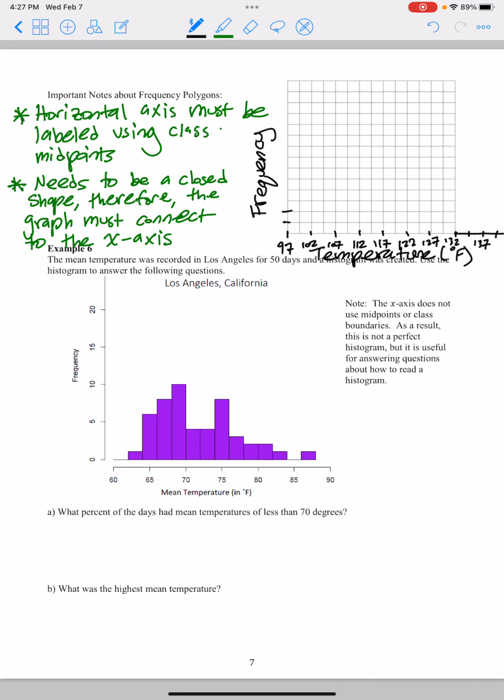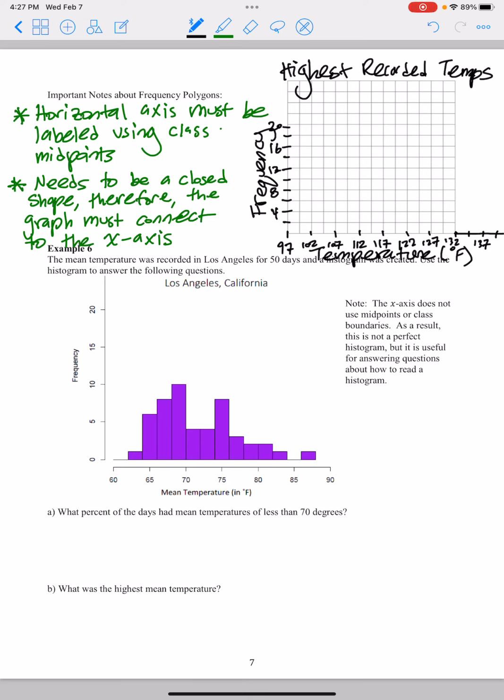And again, frequency, I'm going to go by 2s. And this is highest recorded temperatures. Give it a title.